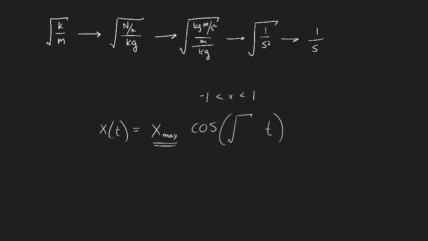And since it can only go between 1 and -1, the biggest number that x can be is x max, and the smallest number it can be is -x max. But small is probably the wrong word to use here, because we know that this represents a location. So the farthest to the right it can be is x max, and the farthest to the left it can be is -x max. That's what this is telling you.